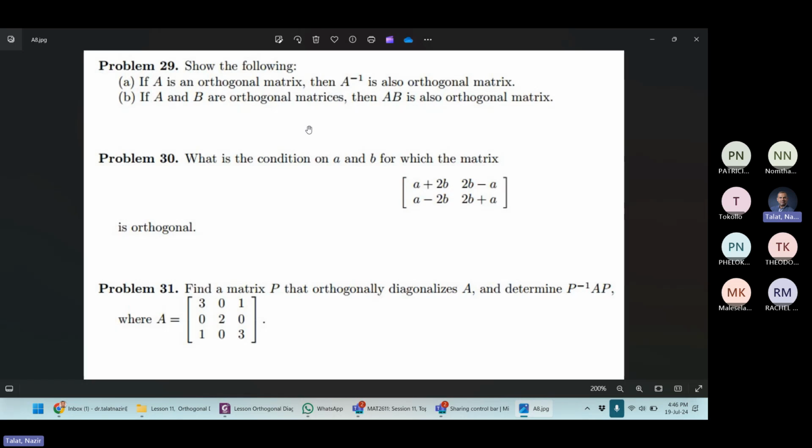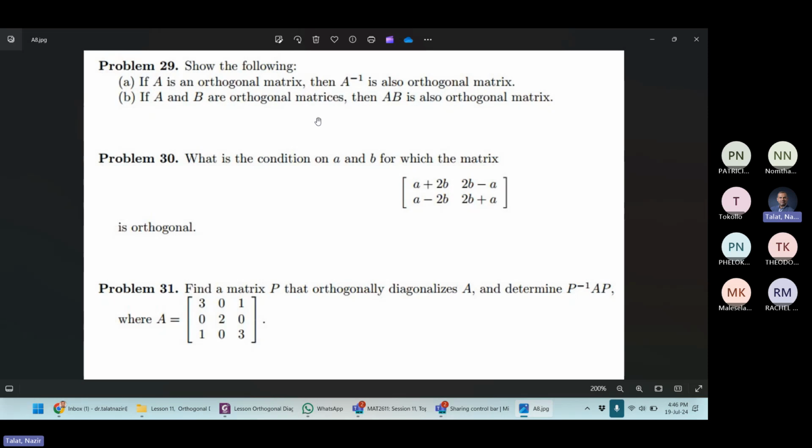And remember, we need to give an example when we disprove. If we want to show that a result does not hold, then we need to show a counterexample. For a counterexample, we take some matrix and show that for that matrix the result doesn't hold.